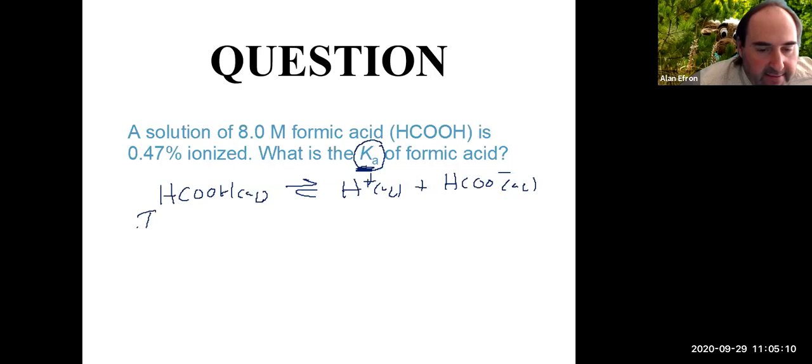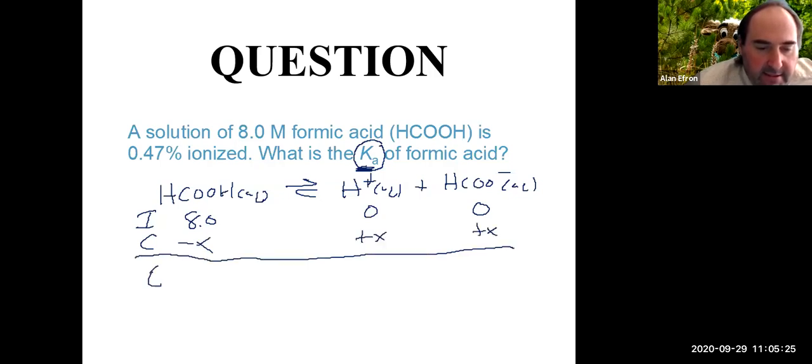We're going to start with 8 molar, which was originally given to us. We're going to go 0 and 0 in this particular case. And change is going to be minus X, plus X, plus X. That means at equilibrium, 8 minus X, X, and X.